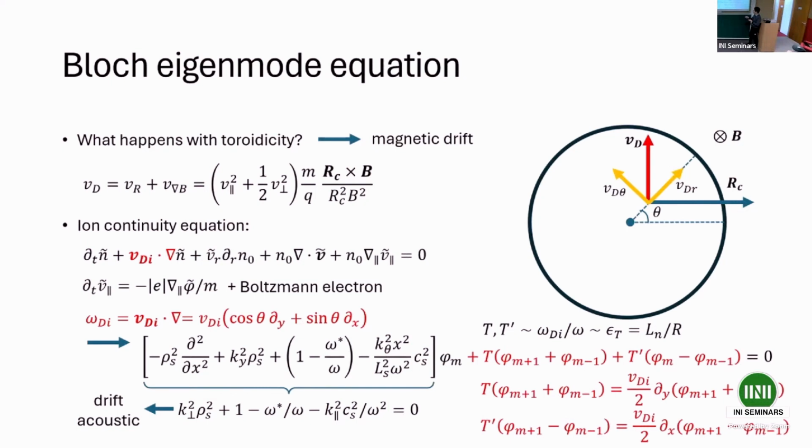So as we can see, due to the toroidicity, there is a drift, and this drift is dependent on the poloidal angle theta. So this drift will couple the modes with different poloidal mode number. So we have this equation which couples phi m, phi m minus 1, and phi m plus 1. So the mode is coupled with its adjacent modes.